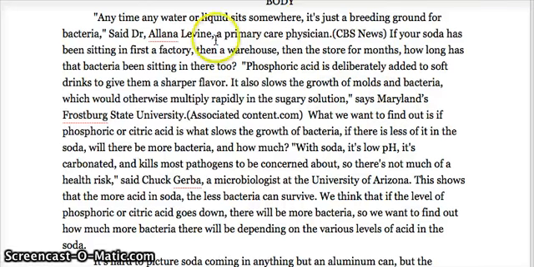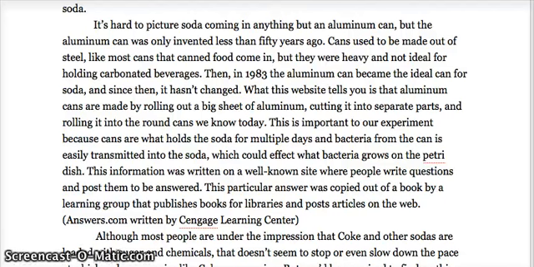Our first body paragraph is about bacteria in liquids and phosphoric acid in liquids, which is an acid that they put in sodas to kill bacteria, and also it gives it a crisper taste. Our second body paragraph is about aluminum cans and the making of aluminum cans.